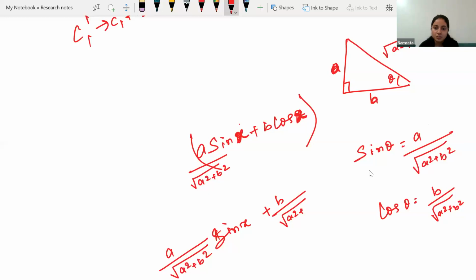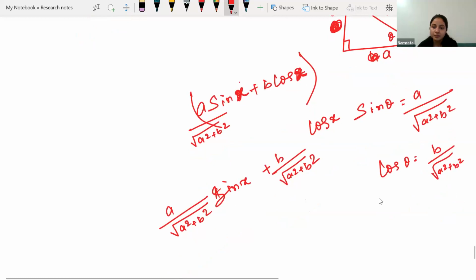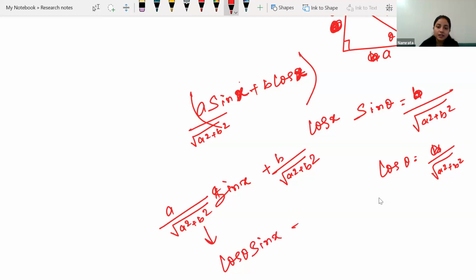Whatever I assumed previously, this one as B and this one as A, that was fine, because that will give us the formula. Here we can write this as cos theta and this as sine x. I'm just trying to explain; you don't have to write everything. This one we can write as sin theta, and this one cos x.